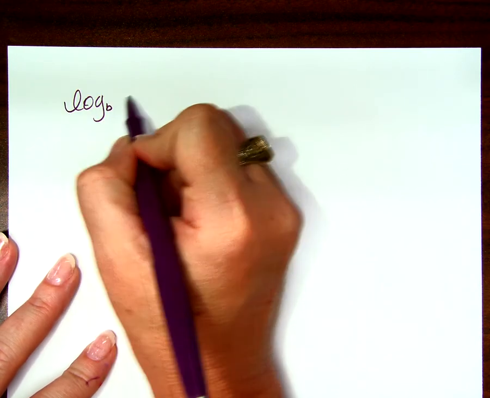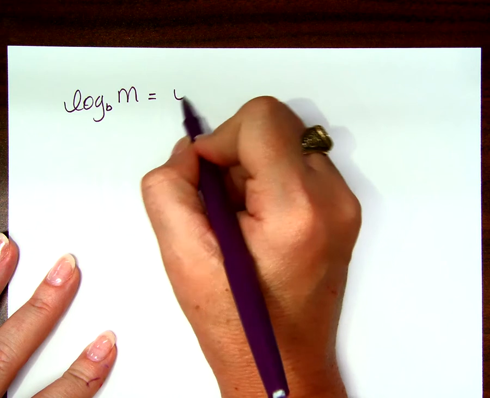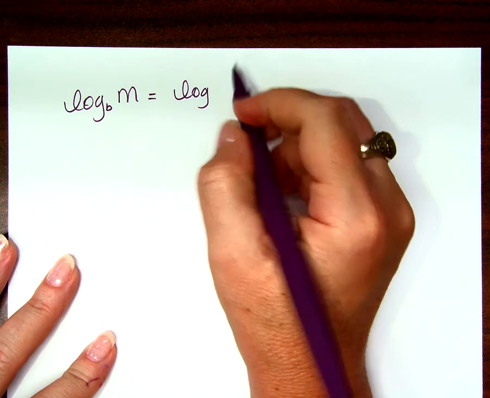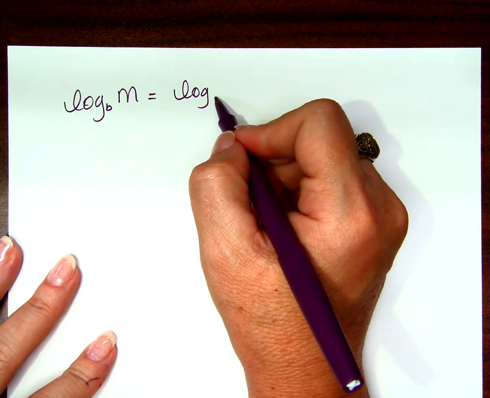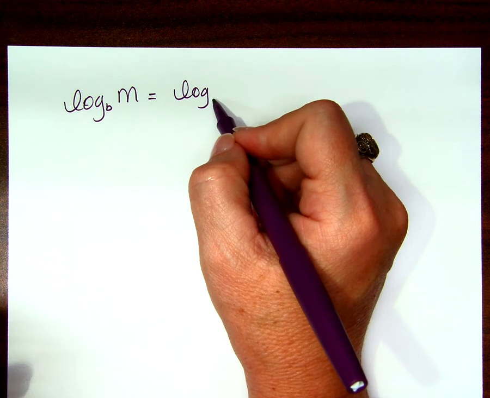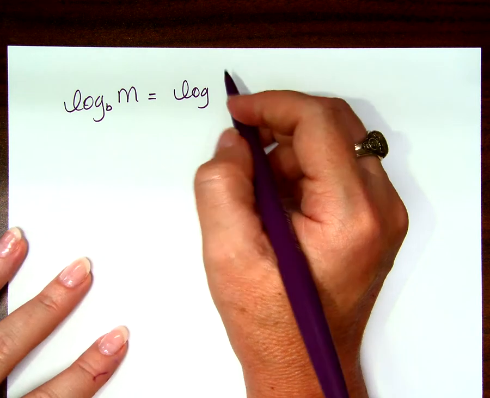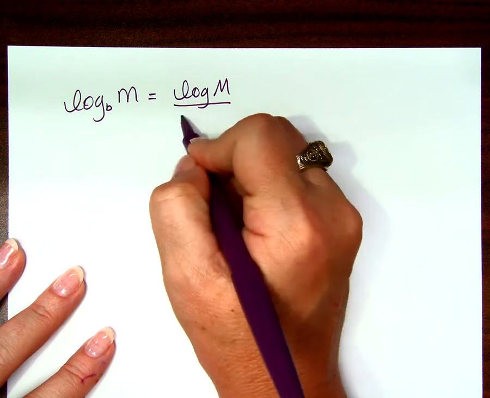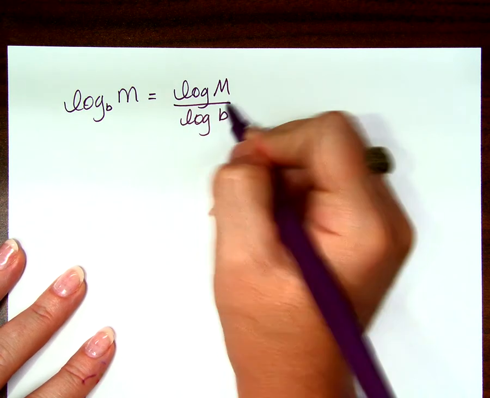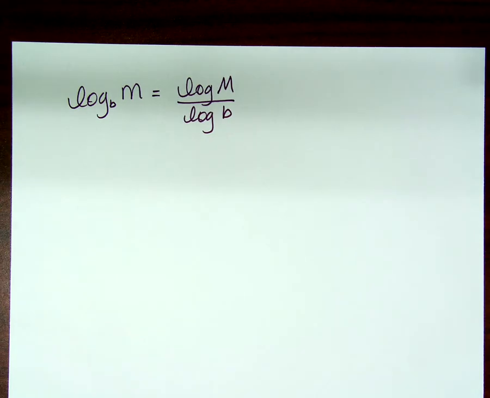Log base b of m equals log of m over log of b, of any base. We commonly use the common log because it's built into our calculator. Okay?